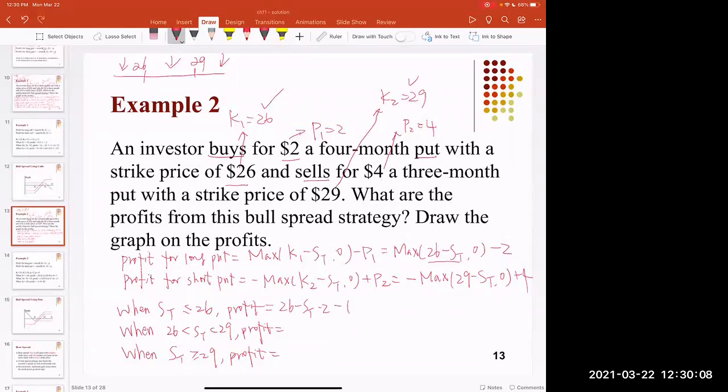So minus (29 minus ST). This is the positive value. We use parentheses because there's a negative in front, and then plus 4. And you do the calculation: ST can cancel because negative times positive, right? So ST cancels. 26 minus 2 is 24. 24 minus 29 plus 4 equals what?